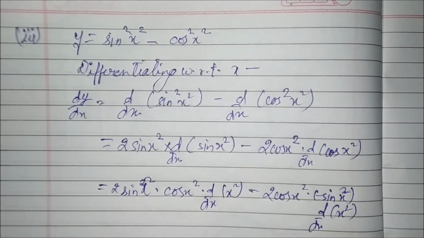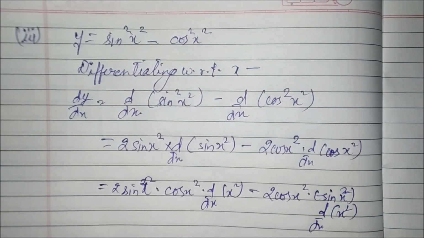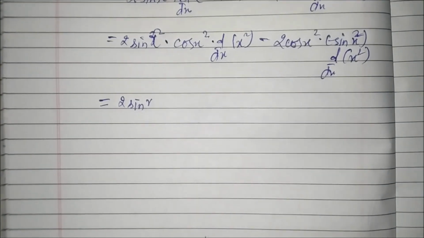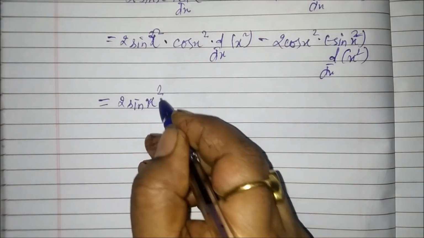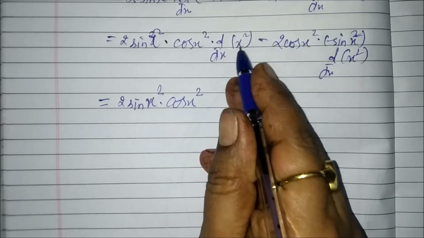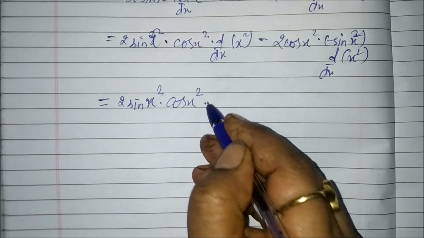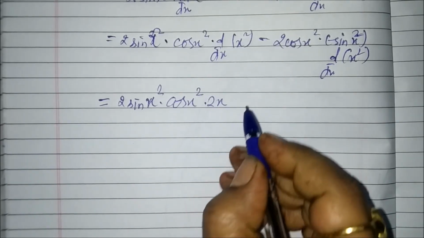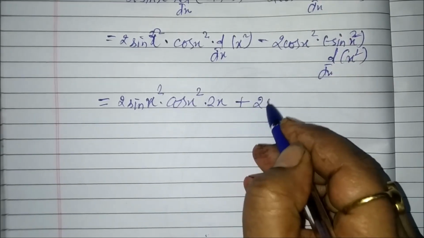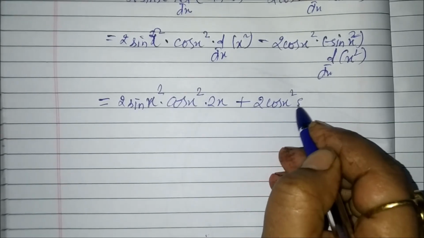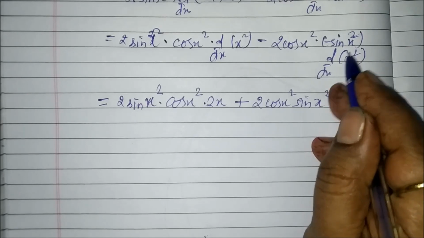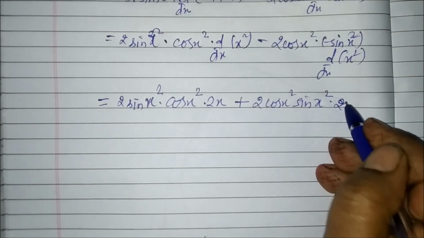Okay, now 2 sine x square into cos x square, derivative of x square is 2x, plus here this minus and minus become plus 2 cos x square sine x square into derivative of this x square is 2x.